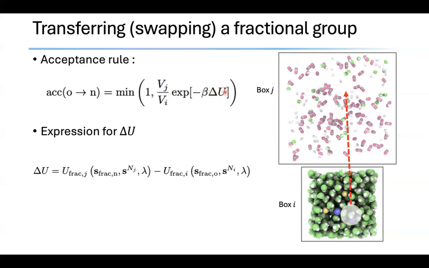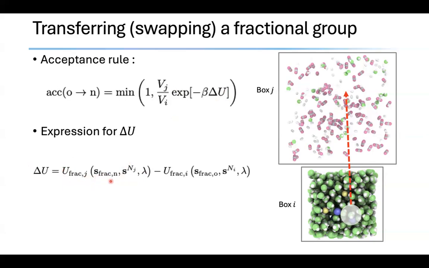The delta U term is given by this expression, where now the fractional molecule encounters a new environment, and because of it traversing to a new environment, the overall energy also changes.